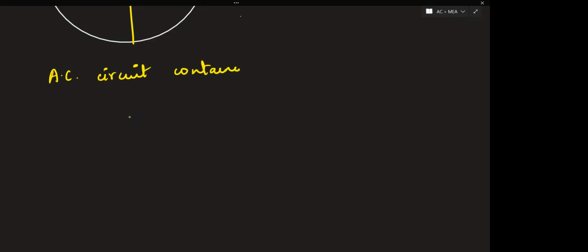First circuit, let us just complete the first circuit, that is your AC circuit containing only resistor.